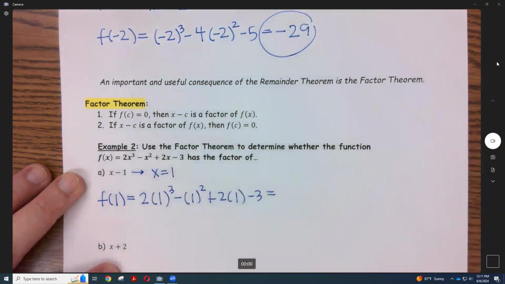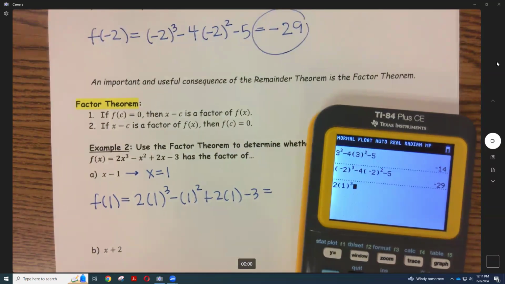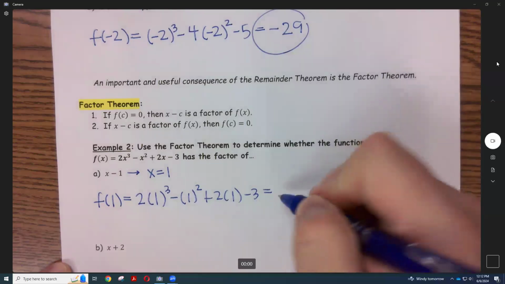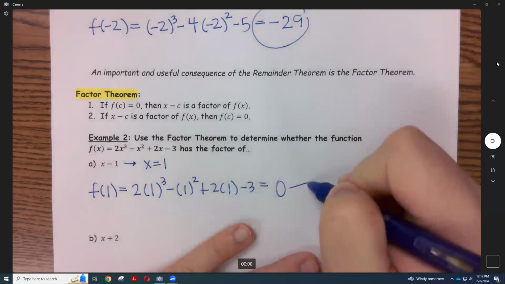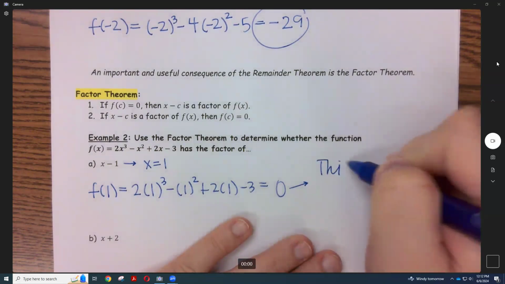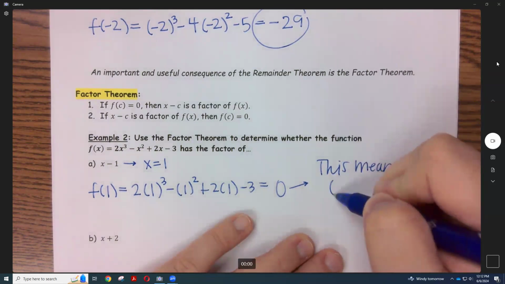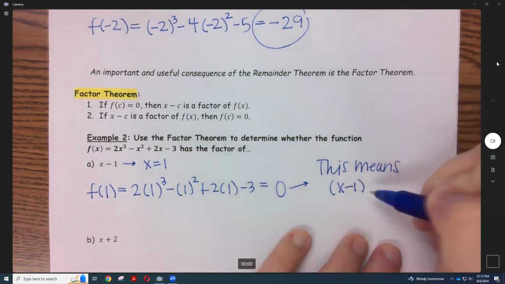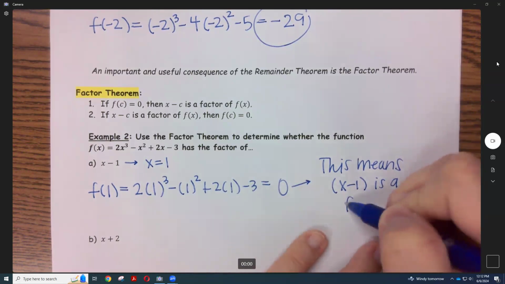Plugging it in for all 3 of those x's. And we do get 0. So because I get 0 right here, this means that x minus 1 is a factor.